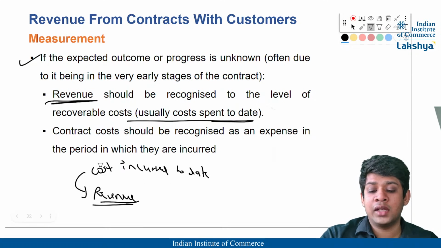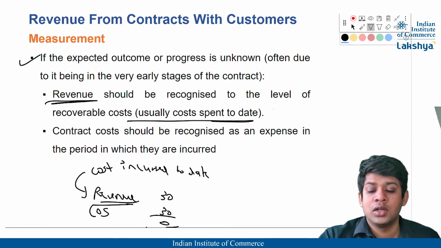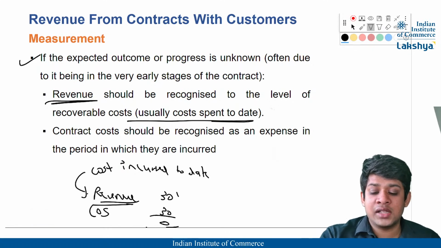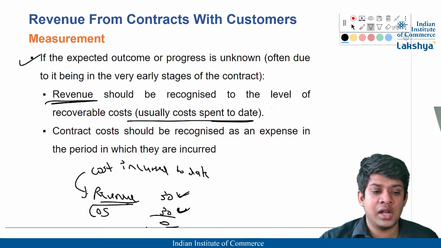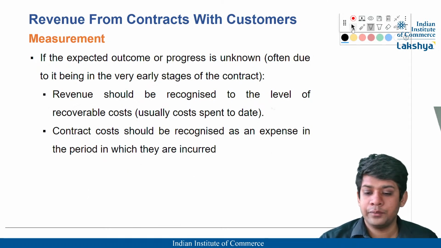Say my costs incurred to date are 30. So revenue will be 30, then my cost of sales within P&L will also be 30, and I will make zero profit, right? Technically, I can recognize the revenue up to the cost incurred to date because it is recoverable in the future.